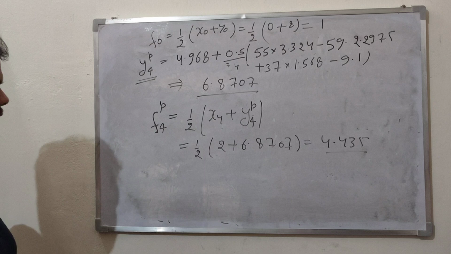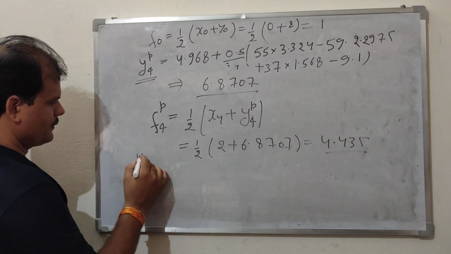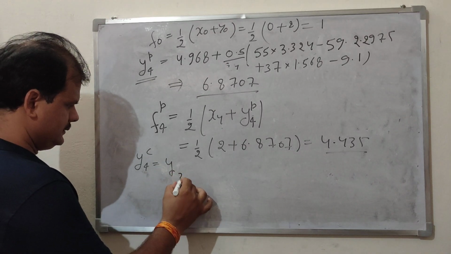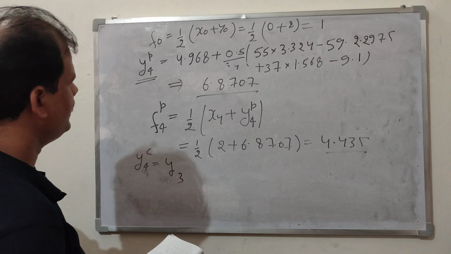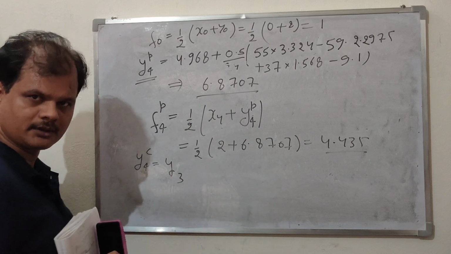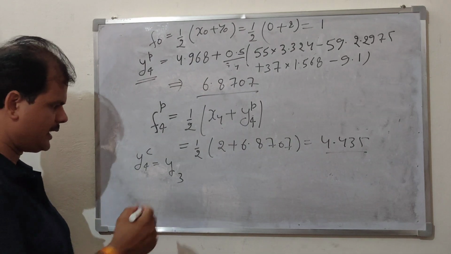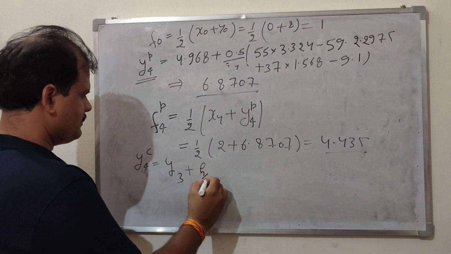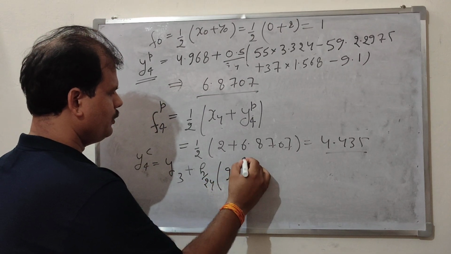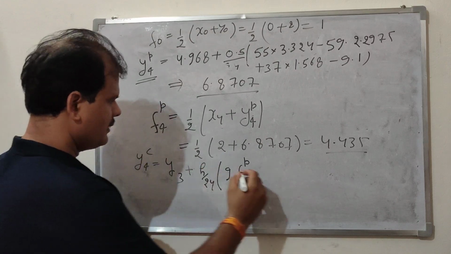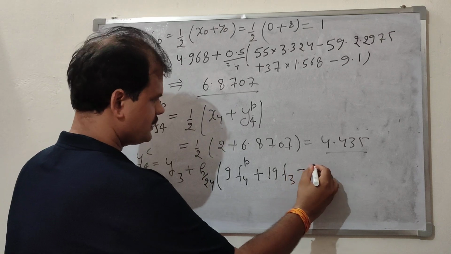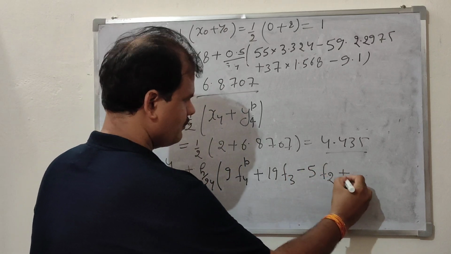Now we'll go for y4c. y4c equal to y3 plus h by 24 into 9 into f4 predicted value plus 19 f3 minus 5 f2 plus f1.